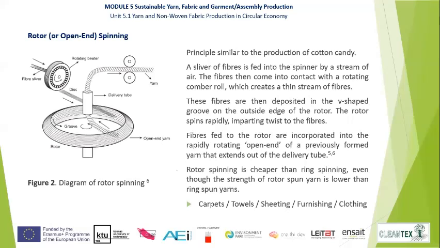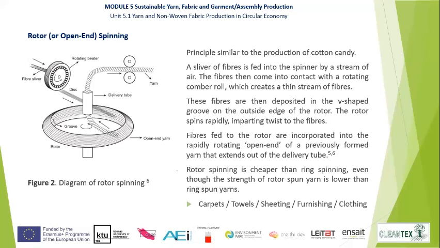The second process is the rotor spinning, also called the open-end process. The principle of this process is similar to the production of cotton candy. A sliver of fibers is fed into the spinner by a stream of air. The fibers come into contact with a rotating carding roll, which creates a thin stream of fibers.